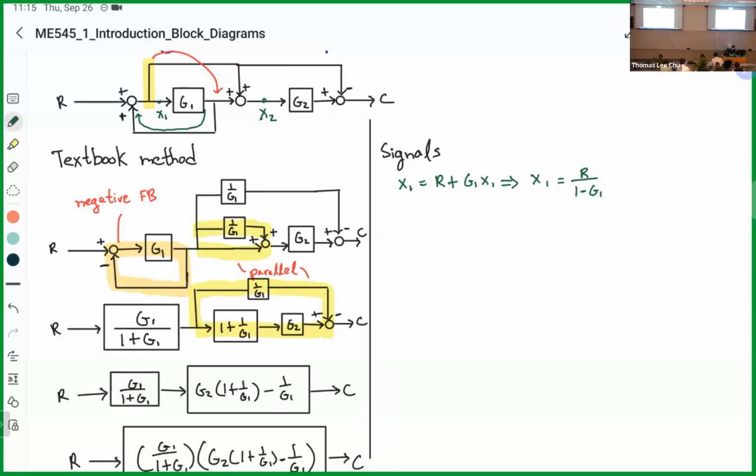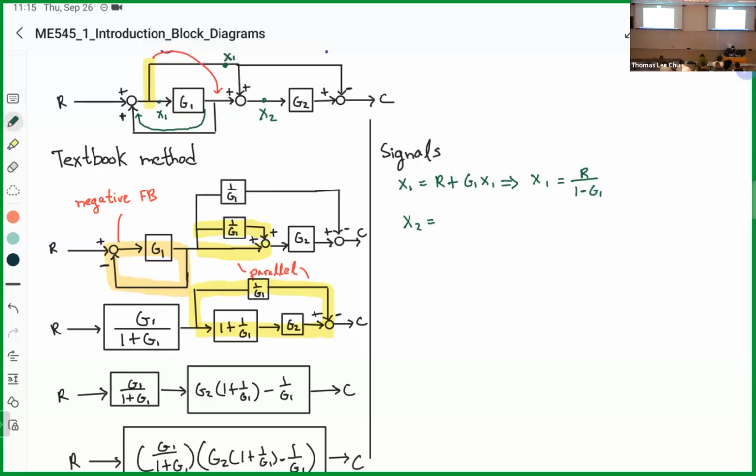Now, if we look at X2, if this here is X1, then that means this is also X1 because they share the same pickoff point.